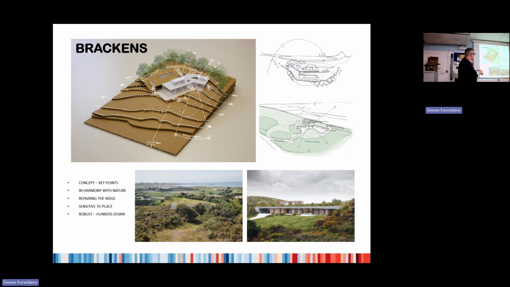What we've done, looking at the building from the back, is a sensitive little intervention where we've rebuilt and repaired the landscape and put a natural green roof over the top of it, and then hidden the building below, so that it's not really seen from anywhere, but it's sensitive to the site in the Coastal National Park, which helps get planning. That's under construction at the moment, and I think that should be relatively successful as a build.